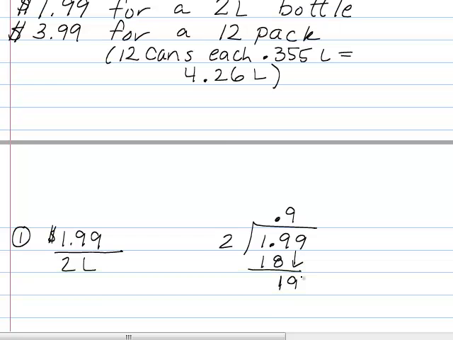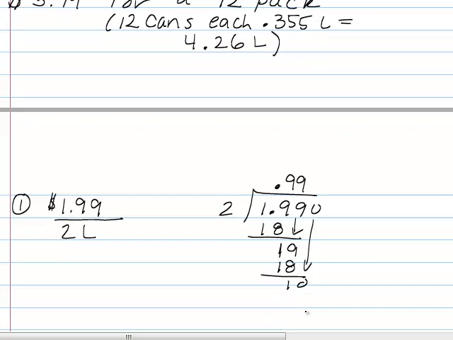and 2 goes into 19 again 9 times, that's 18. I subtract and I get 1. I'll bring down another 0, and I have 10. 2 into 10 is 5. 5 times 2 is 10, and I can subtract to have a 0 there.